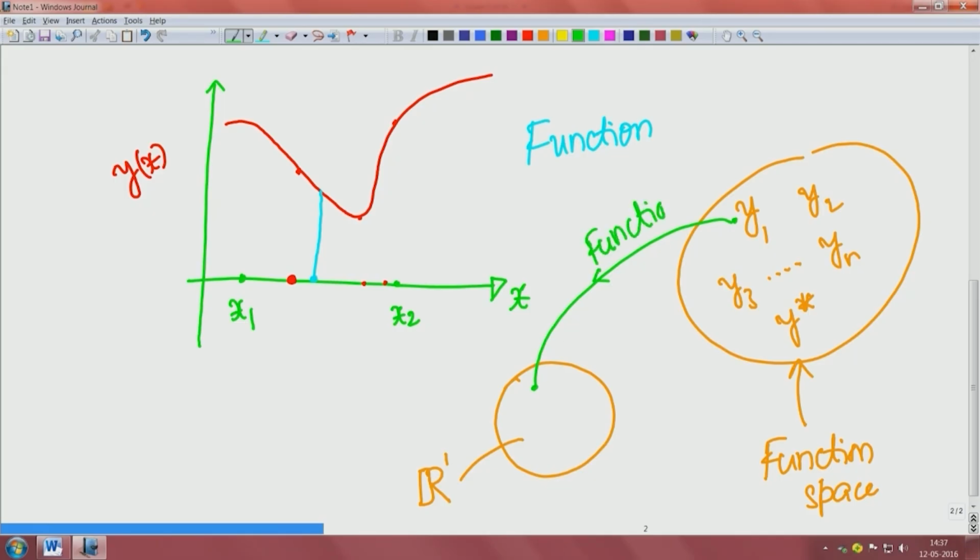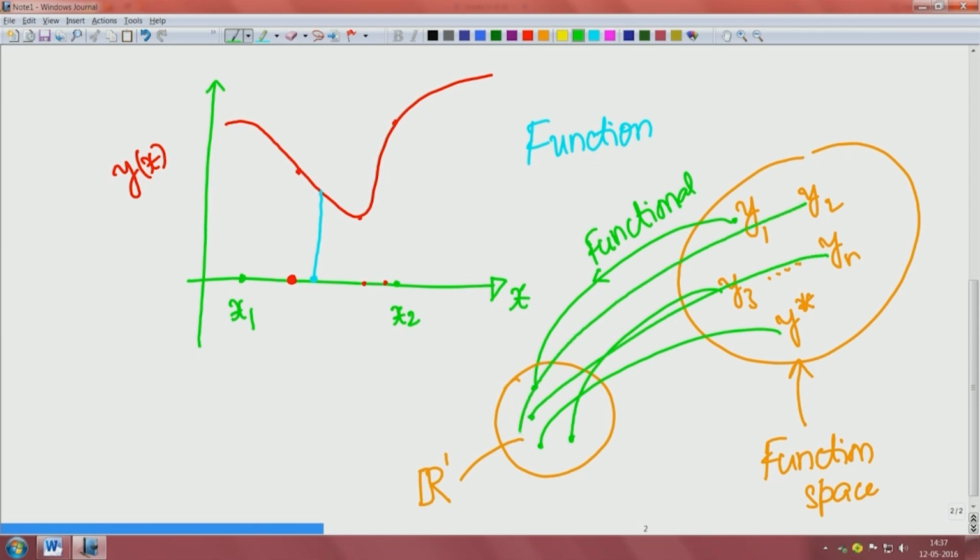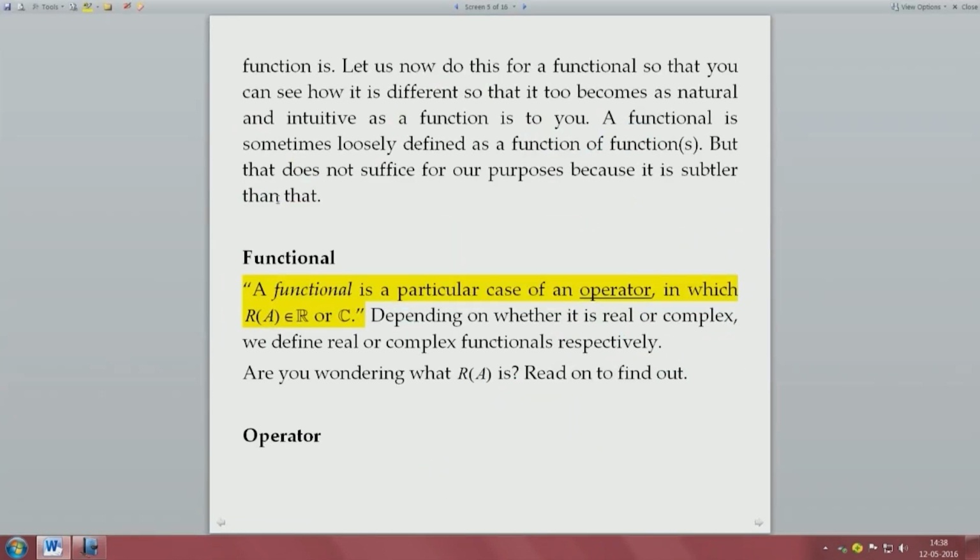Let us say y3 will have a point, and y star will have a point, and yn will have a point, and y2 will have a point, and so forth. For every one of them there is a corresponding real number; that is what a functional is. Just like a function is a mapping, or a correspondence from a real number to a point that corresponds to this y here, in a similar way, a functional takes a function and finds a corresponding real number. Okay, that is what a functional is.